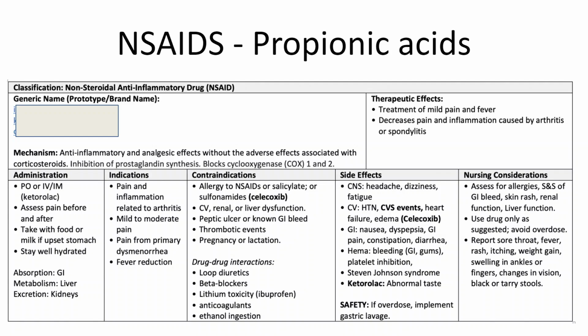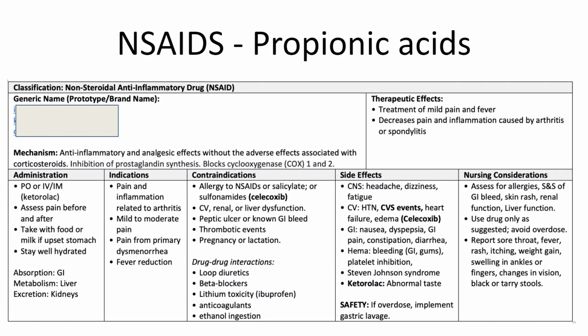Contraindications are patients who have allergy, like to sulfonamides and so on. Patients with cardiovascular pathology, or renal or liver dysfunction, it is contraindicated. It should not be given to patients who have thrombotic events, like conditions such as cerebrovascular accident. In pregnancy and lactation also, it's not to be given.